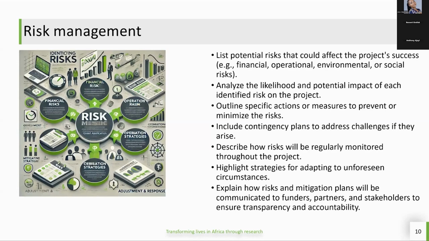So you want to list potential risks that could affect the project's success. It could be financial risk, it could be operational risk, it could be environmental risk, social risk. One risk might be that staff turnover is typically a risk in many projects because people move for different reasons to other organizations. So there are chances that they may not remain, except maybe you work in organizations that are so stable.